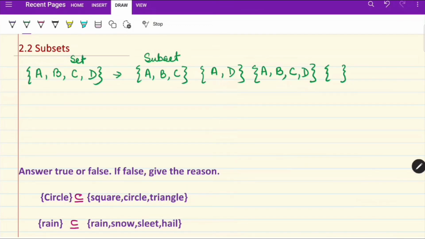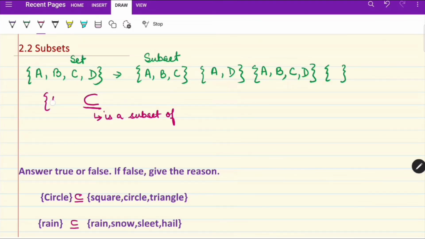Right, now the notation to denote sets or subsets looks like this. It is a right facing U with a line beneath it. This is the notation or the symbol which reads as "is a subset of". So to express a subset, this is how we put it together. Just pick any subset.